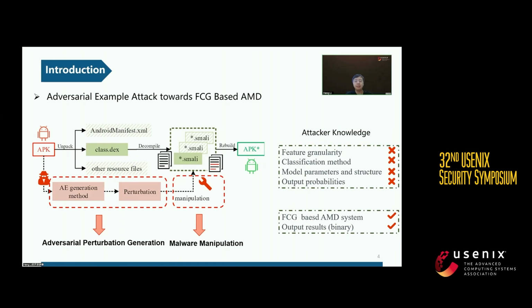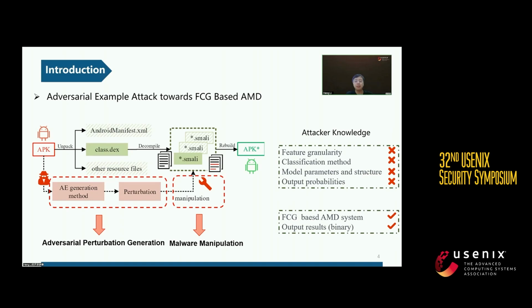The adversary manipulates the smali code according to its perturbation and rebuilds the code to obtain a new APK file. The adversary then queries the detection system with the generated malware sample, utilizes the received binary decision to update its perturbation, and then rebuilds a new malware sample.